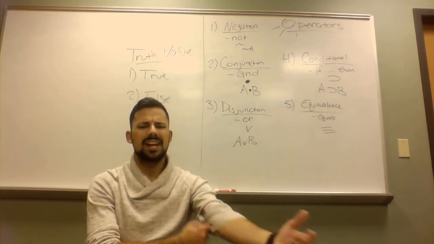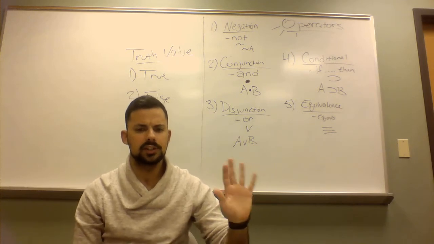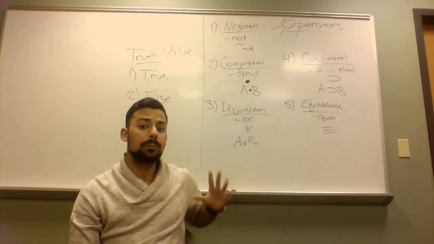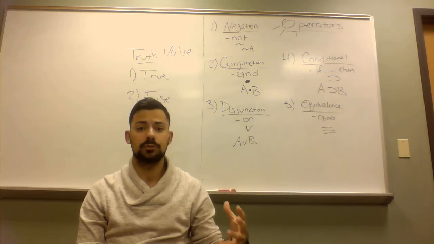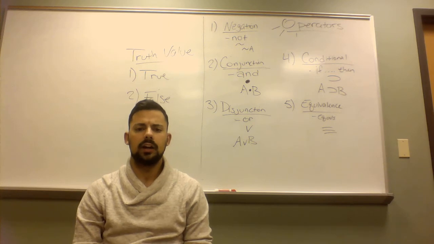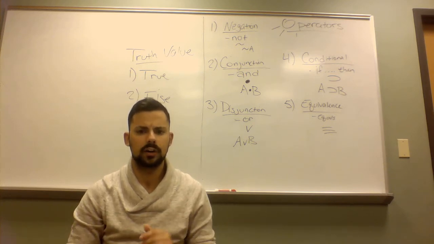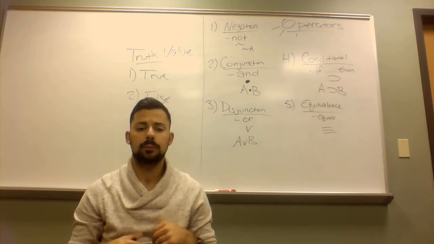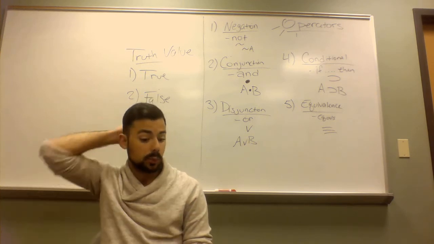Remember, in categorical logic, there's only really so many things from our English language that we could really express with this. Well, propositional logic will allow us to express a lot more thoughts, and thoughts that are a lot more common, or that make more sense with the way that we talk, right? So that's why this is going to be very important. Translating will also be very important as well.